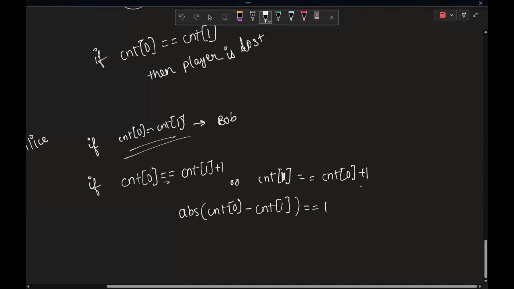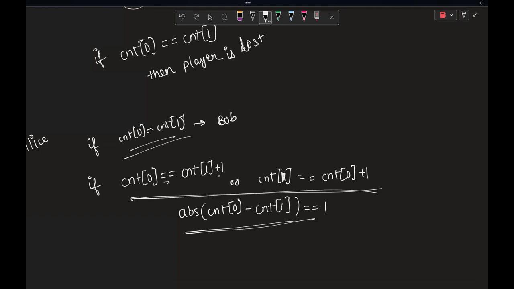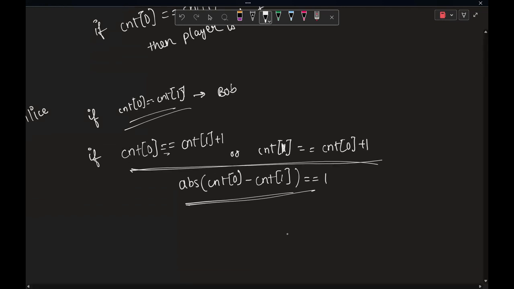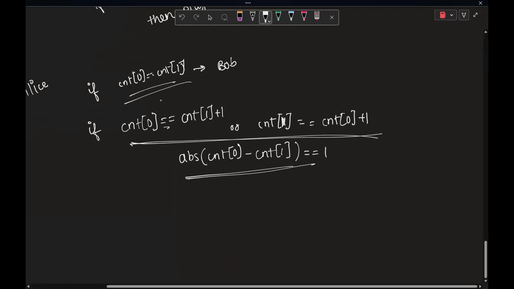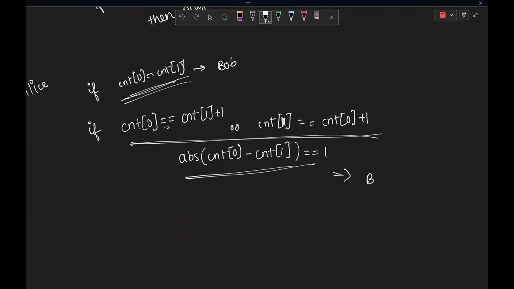If either of these two is satisfied, basically these two are the exact same thing, then Alice can play a move so that Bob will have this situation. So in this case, you can definitely say that Alice will win.